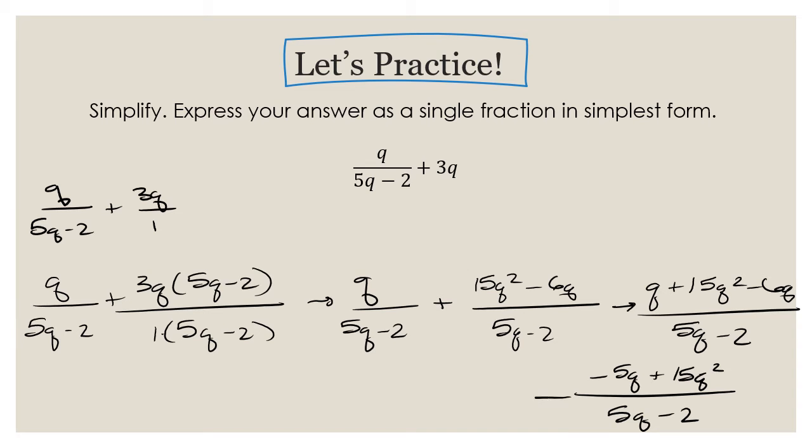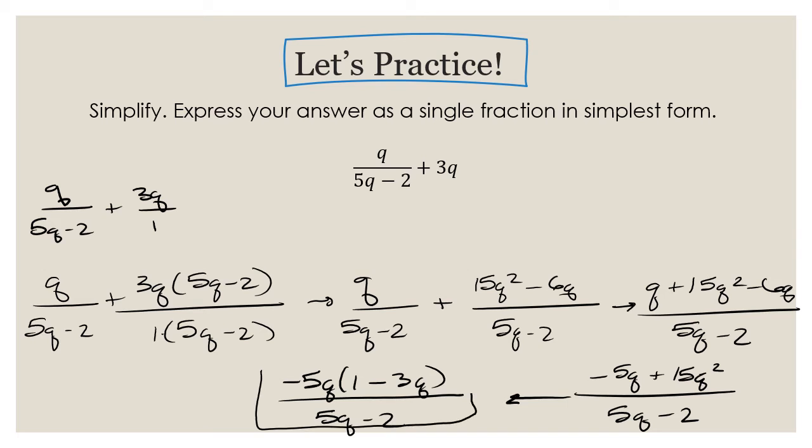And I can simplify this even further by pulling out on the top a negative 5q, and I get 1 minus 3q, and then on the bottom I get the same thing, 5q minus 2. So you've got to keep simplifying as long as you can, and if you can cross things out, you need to do that. On this one I can't cross anything out because the 2 and the 1 here don't have the q term, so this is the simplest it gets.